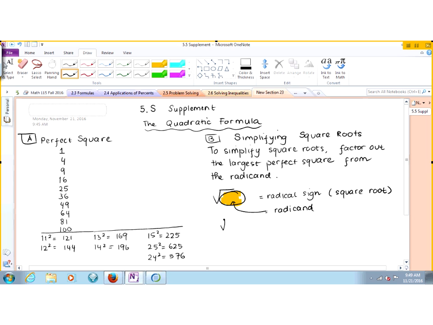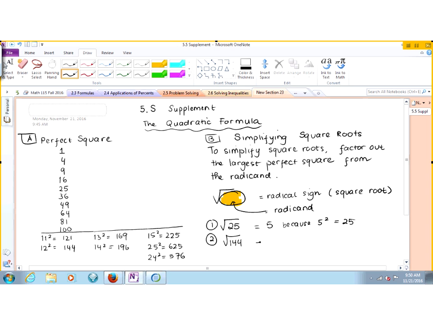So, for example, if I ask you, what is the square root of 25? 5. Good. Why? Because 5 squared is 25.